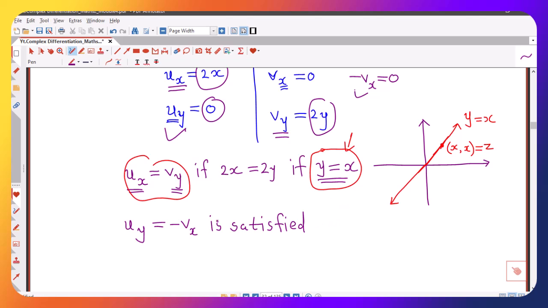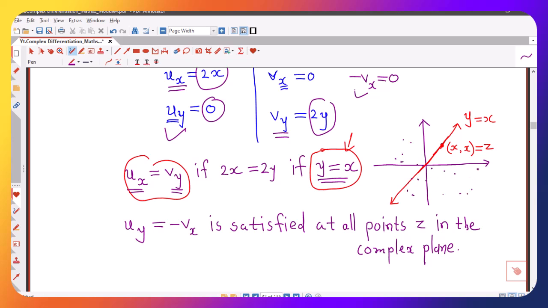That means both the functions are equal at all points, and that means this equation is satisfied at all points z in the complex plane. And the first equation is satisfied at points on the line y equal to x. The second equation is satisfied everywhere in the complex plane.